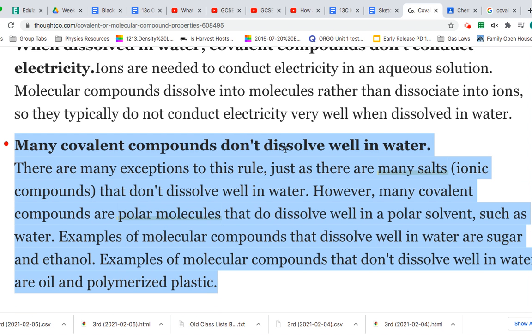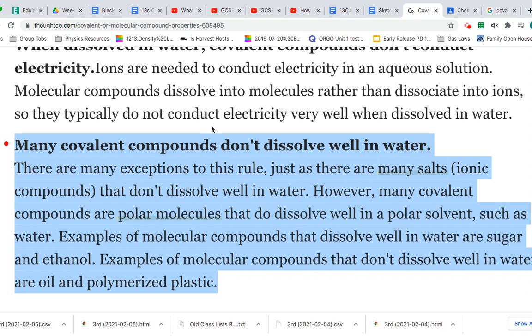Many covalent compounds don't dissolve well in water. There are many exceptions to this rule, just as there are many salts that don't dissolve in water. However, many covalent compounds are polar molecules that do dissolve well in polar solvents, such as water. Examples of molecular compounds that dissolve well in water are sugar and ethanol. Examples of molecular compounds that don't dissolve well in water are oil and polymerized plastic.